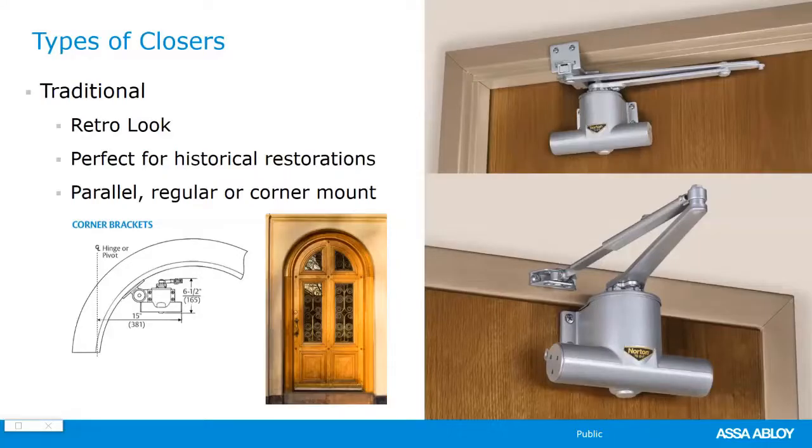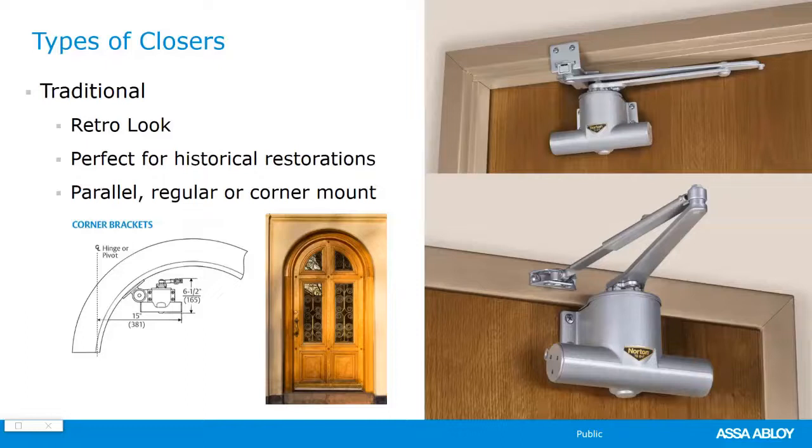Moving on, the next type, and a really kind of cool retro look, Potbelly. The 78 series with Norton, I think, is the only series that we still sell in this Potbelly configuration. It's available with a corner mount bracket, which is great for those old historical restorations with arched top doors. And that's really all I'm going to say about this one.